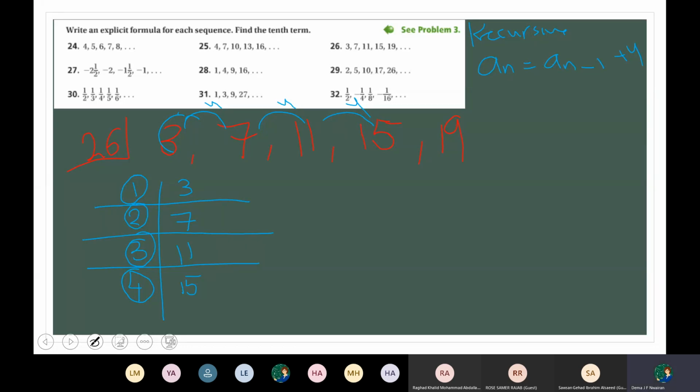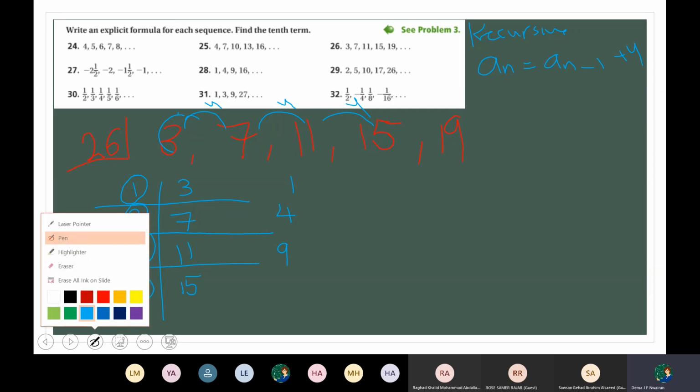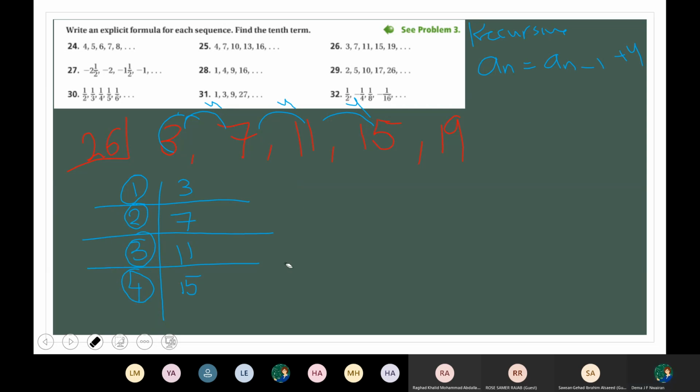Here we have 8. Okay, let's try like 1 squared is 1. 2 squared is 4. 3 squared is 9. 4 squared is 16. No. So the squared cannot help me.